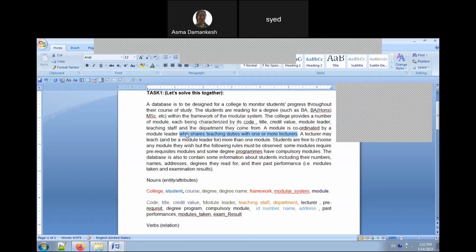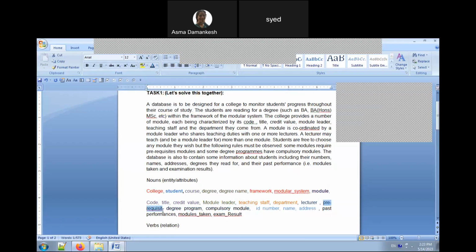It says a lecturer shares the teaching duties. So it has a relation, no? With the module leader, so it would be a different entity. Exactly. Okay. So we keep that as an entity for now, okay? But I will show you how things will change later.